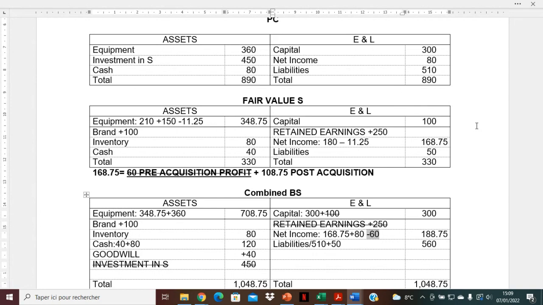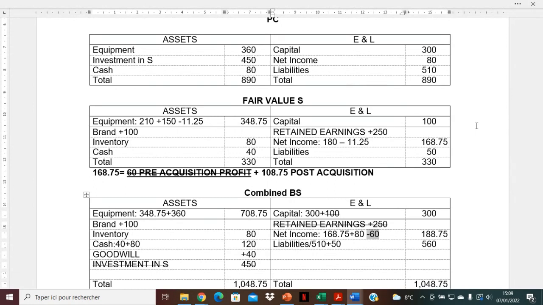So it would be incorrect to take the 60 out of net income every time I do consolidation. Why? Because net income, the income statement, reflects the profit of the year. Now we are in 2025. I have the net income of the parent company and the net income of the subsidiary. Both are post-acquisition. Both are generated under the direction of the group, under control of the group.